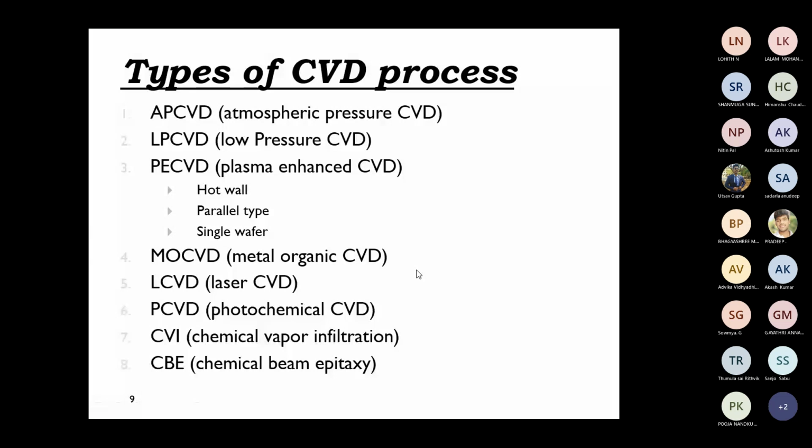CVD is a very old technique. Suppose you are using one particular CVD for one particular application. When your application changes, the existing instrument may not be sufficient for your new application or new material. Then some modification in the instrument is required, and accordingly a new CVD evolves.